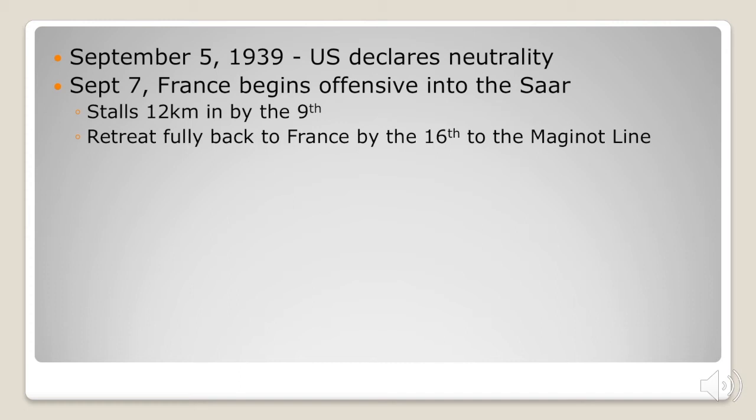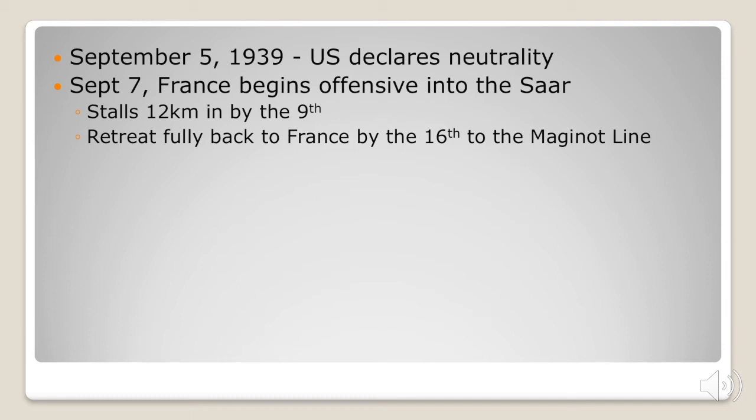However, France being France, they get 12 kilometers in, and then they basically turn around. So they're basically saying, Poland, baby, you on your own, but in French. So by the 16th, they have retreated fully back to France.